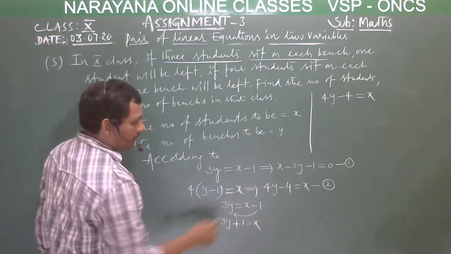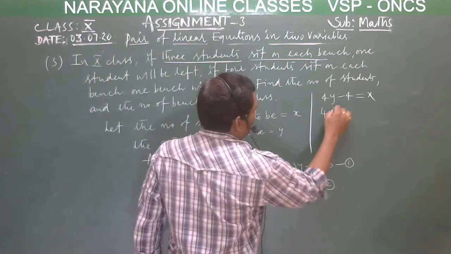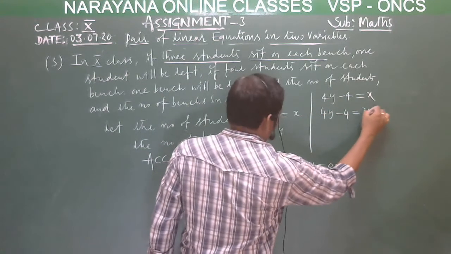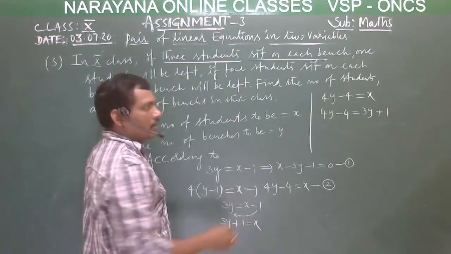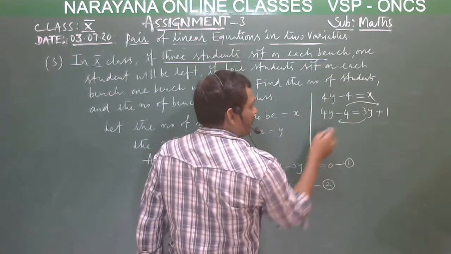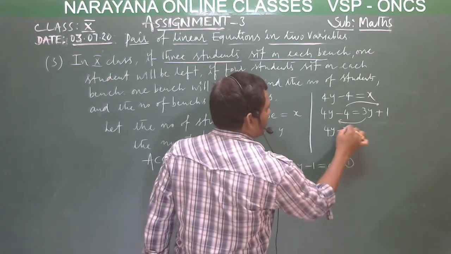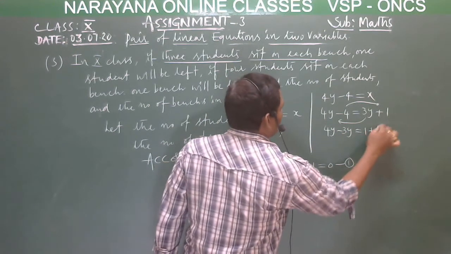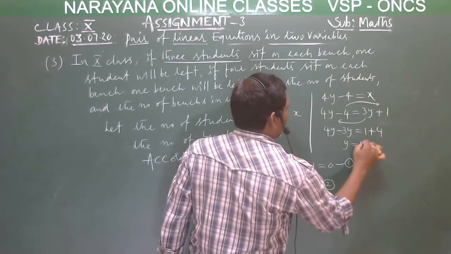X value 3y plus 1, so 4y minus 4 equal to 3y plus 1. So here the number is getting to this side, 3y will be getting to the left side. 4y minus 3y equal to 1 plus 4. So y equal to 5.